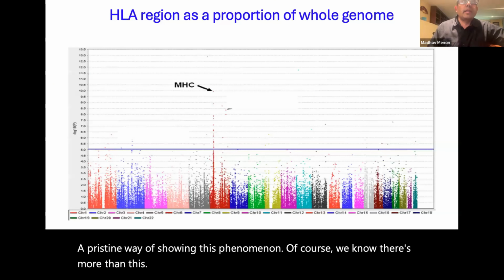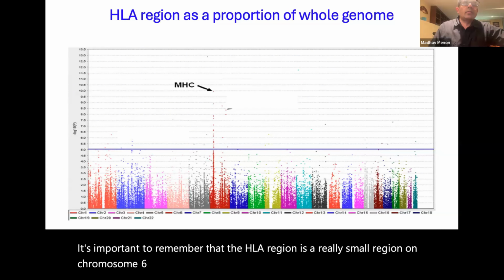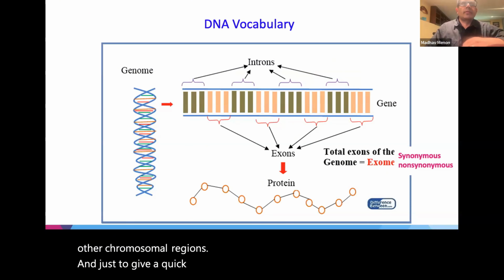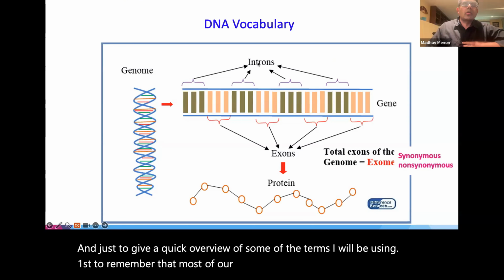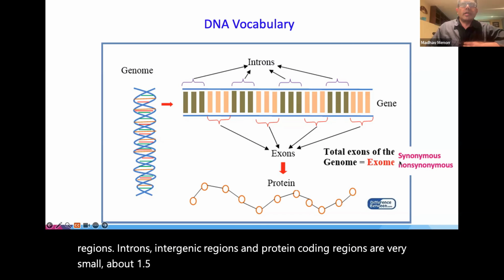And it's important to remember that the HLA region is a really small region on chromosome 6, and we inherit variable genetic loci in all other chromosomal regions. And just to give a quick overview of some of the terms I will be using, first to remember that most of our genetic code is made up of non-coding regions, introns and intergenic regions, and protein coding regions are very small, about 1.5% of the total genome.